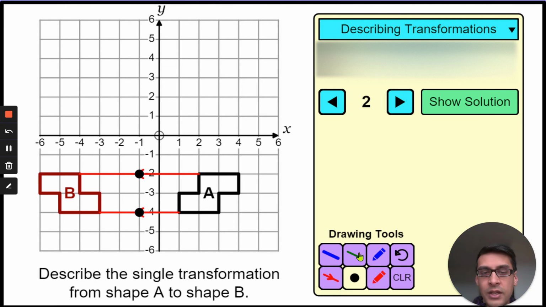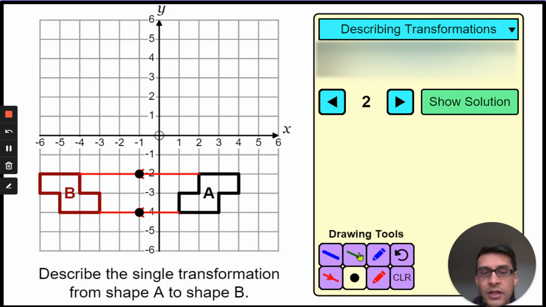So the mirror line is going to be this here, and we can see the equation of this blue line. What is the equation? Hopefully you've worked out the equation is that x is equal to -1. So shape A is reflected on the line x equals -1.